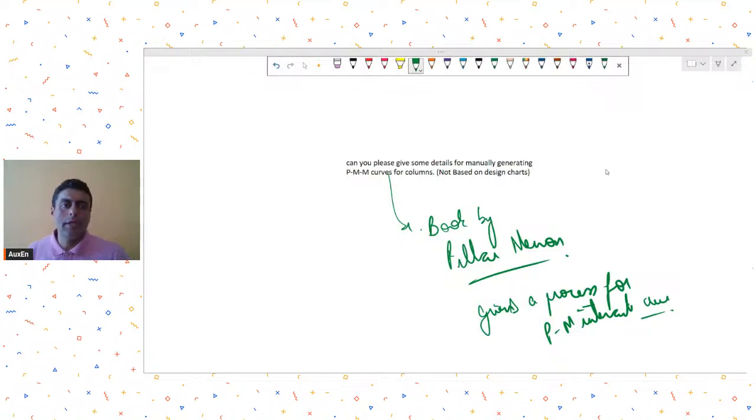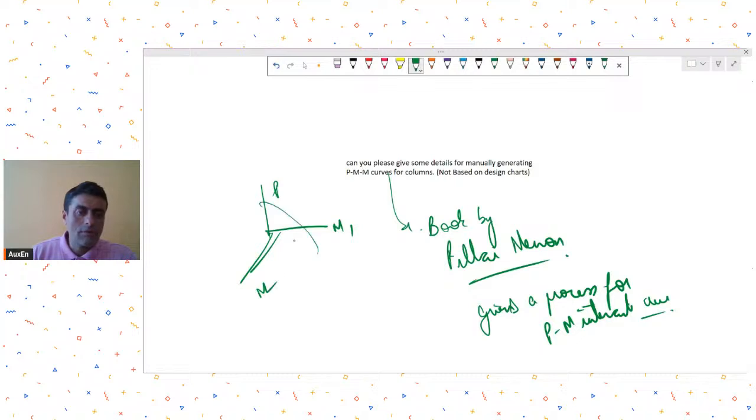One is for PMM, that is the three-dimensional curve, which will actually be a surface, and there is also a process given for a two-dimensional PM curve.